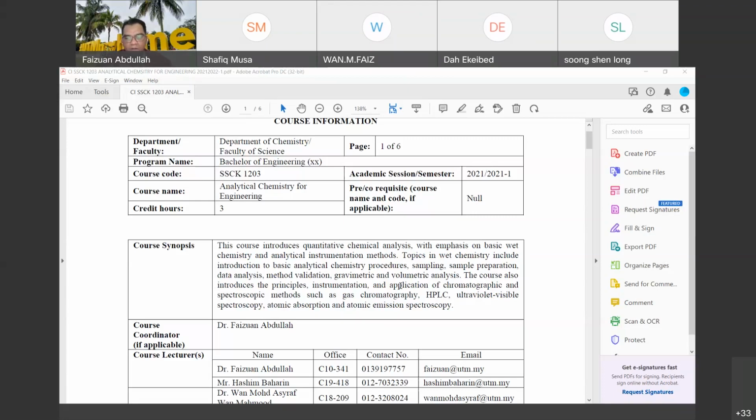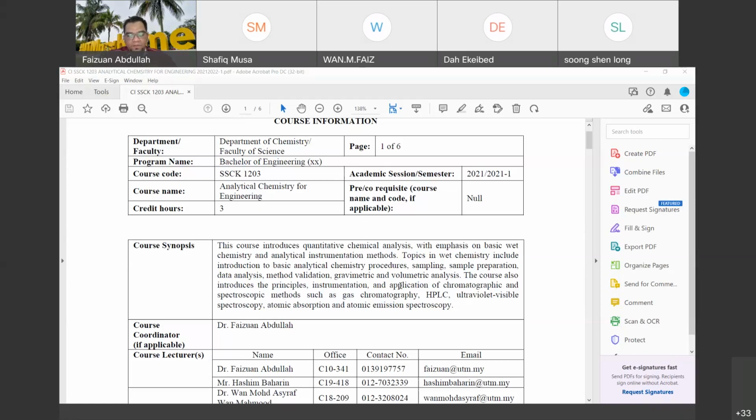Those are the methods in determining the analyte inside the sample. Gravimetric is based on the weight of the analytes, and volumetric is based on the volume. It is there in the name of the method itself.